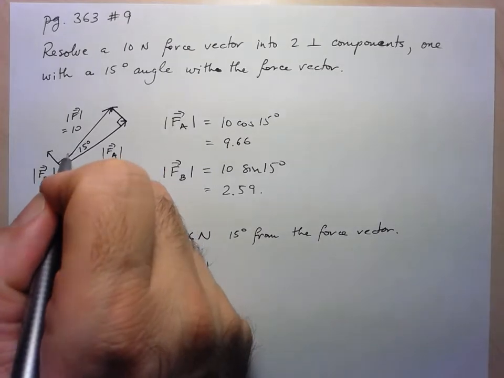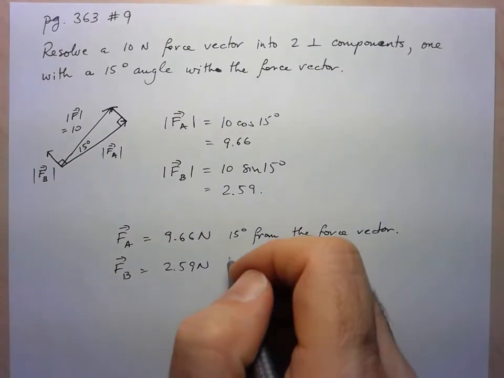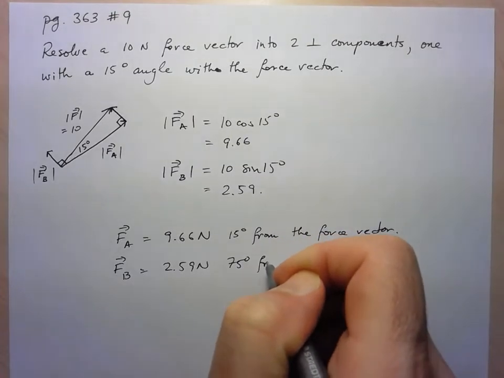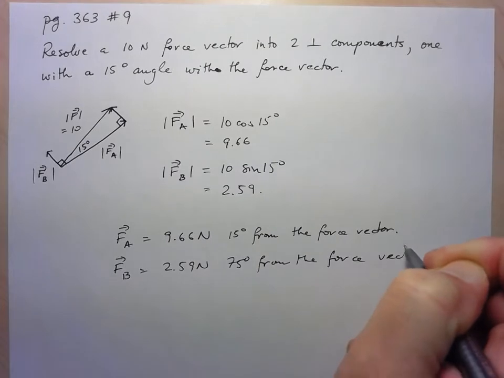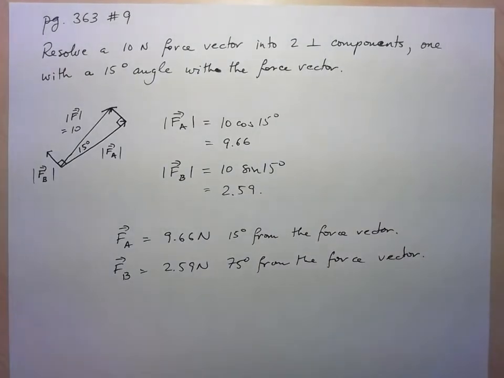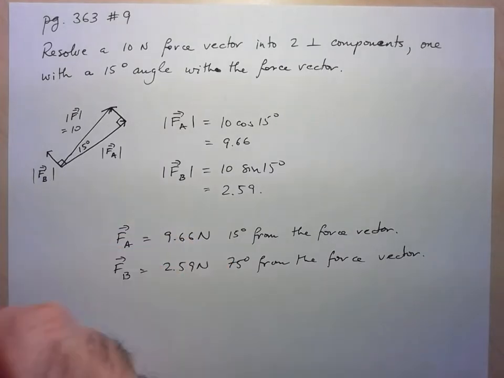If that's 15 degrees, well, 90 minus 15 is just going to be 75 degrees from the force vector. Okay, or I suppose we can also say just perpendicular to that other component.